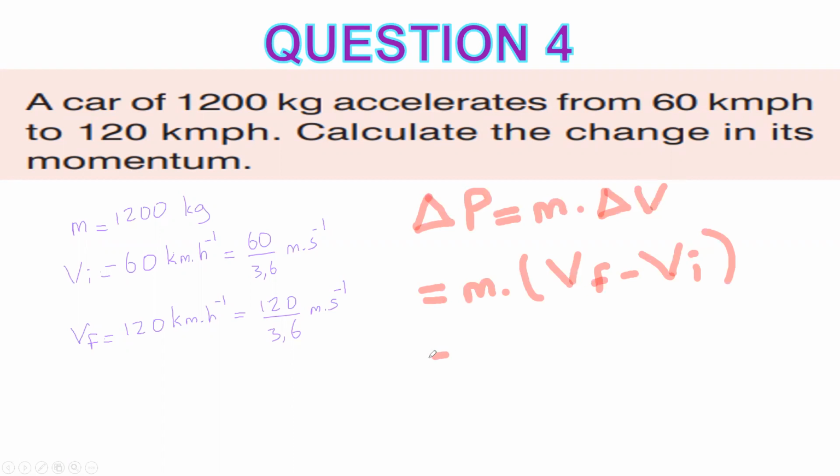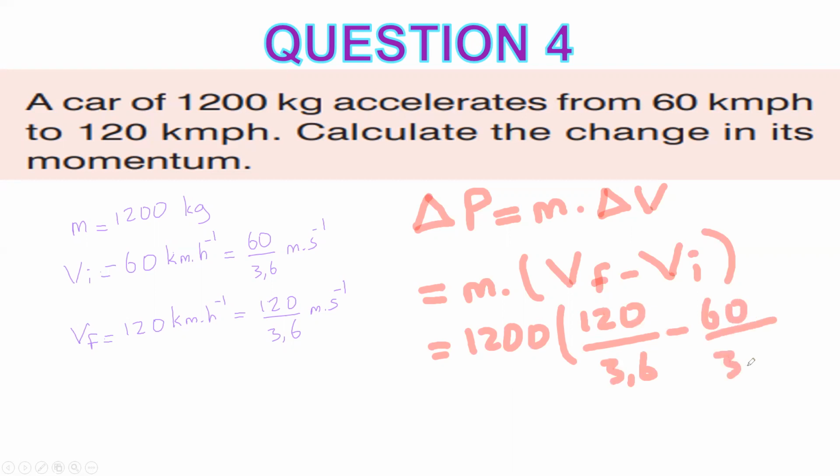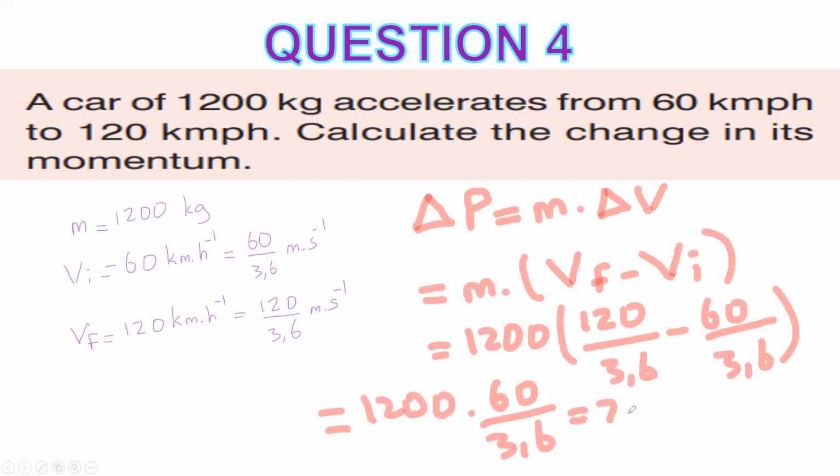So m is 1,200 times V final, which is 120 over 3.6 minus 60 over 3.6. 1,200 times 120 minus 60 is equal to 60. 60 over 3.6, and you are getting 20,000 units, you know, kg times meter per second.